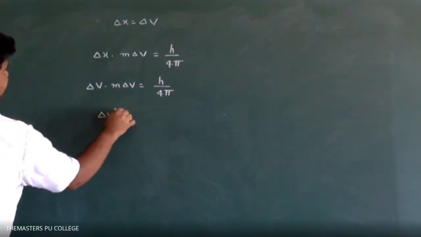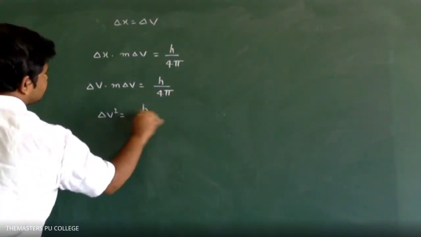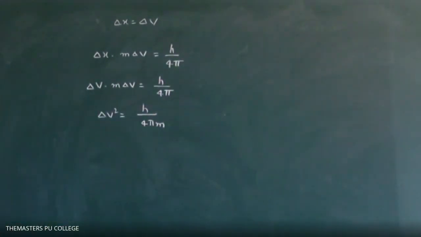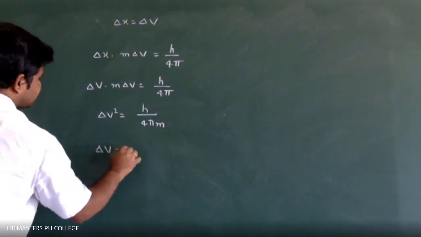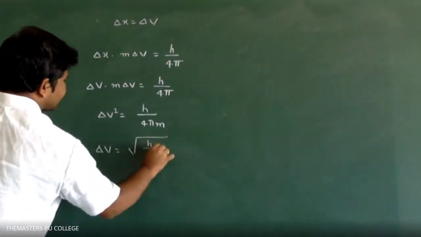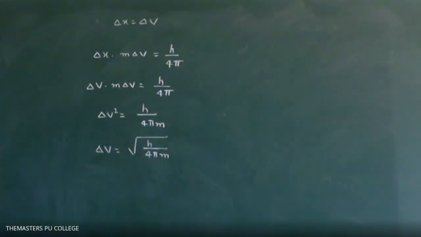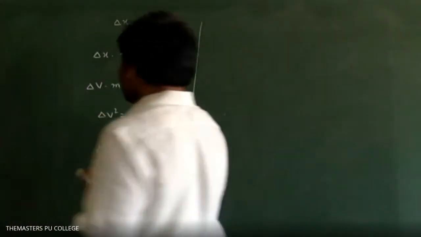Delta v square is equal to h by 4 pi m. Delta v is equal to root of h by 4 pi m. Okay, now what do we have to calculate?